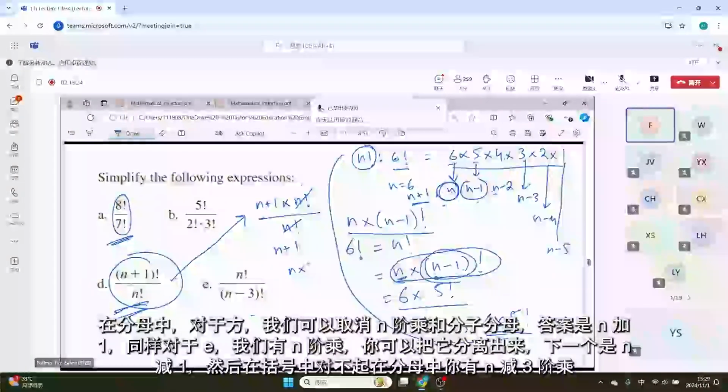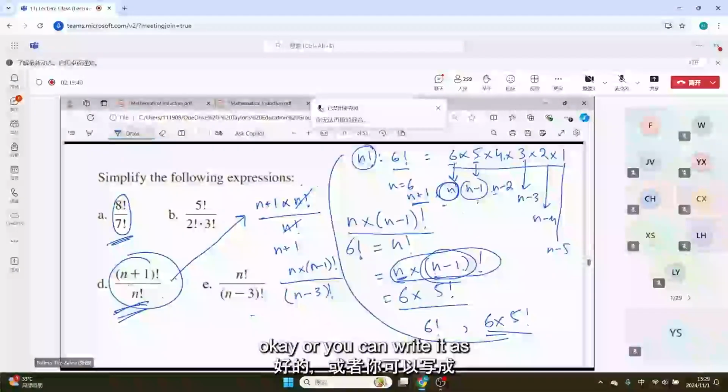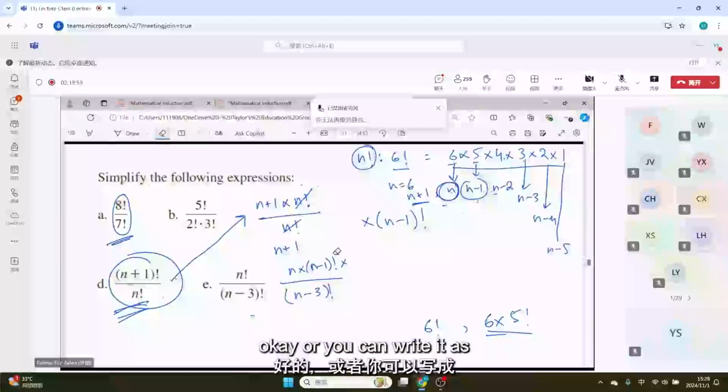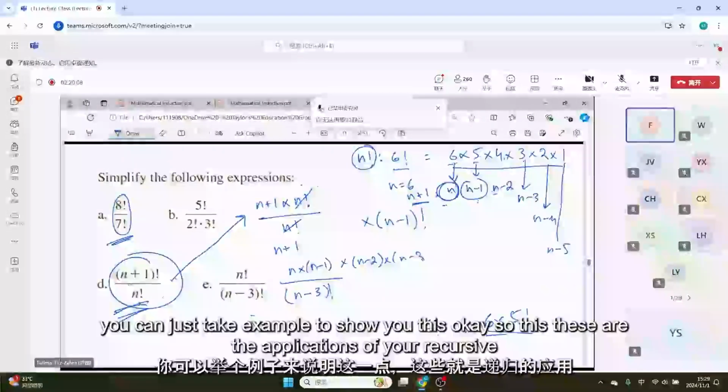Next one is n minus 1, and then in brackets, in the denominator, you have n minus 3 factorial. Okay. Or you can write it like this.